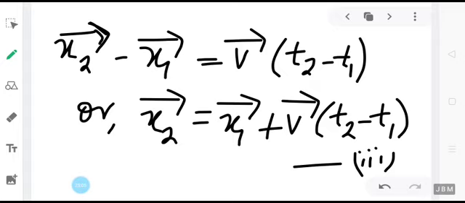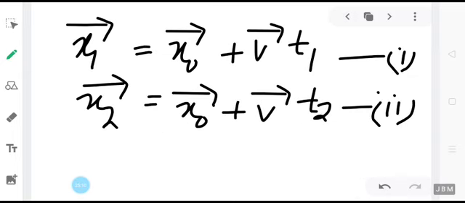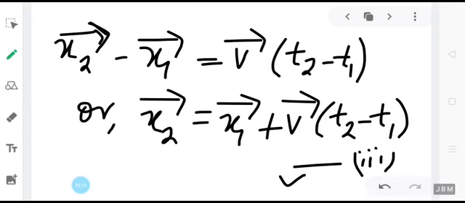Now, wherever we are considering the vector quantities, we are putting arrowhead over the symbol. The relations 1, 2 and 3 represent the kinematics of uniform motion along a straight line. I repeat, the relations 1, 2 and 3 represent the kinematics of uniform motion along a straight line.